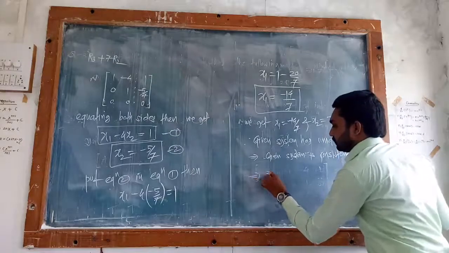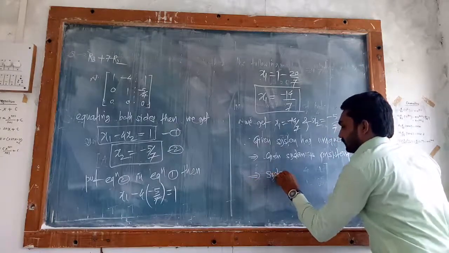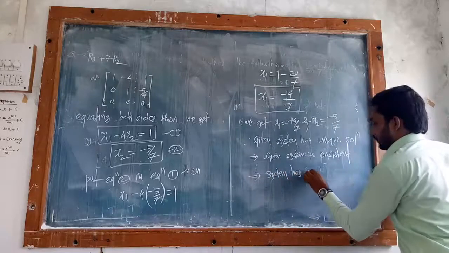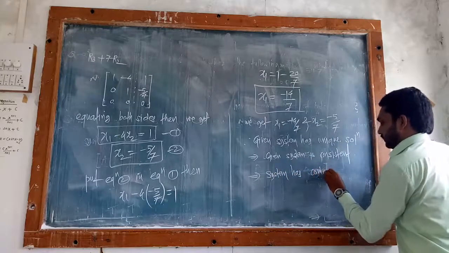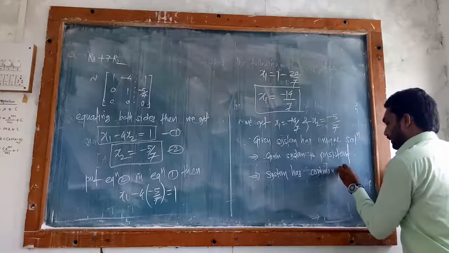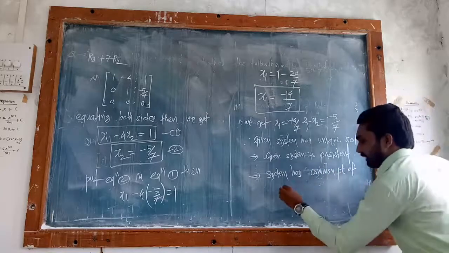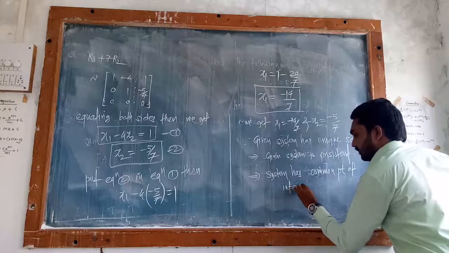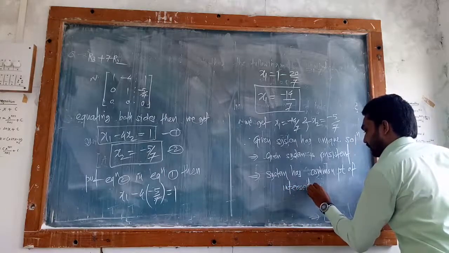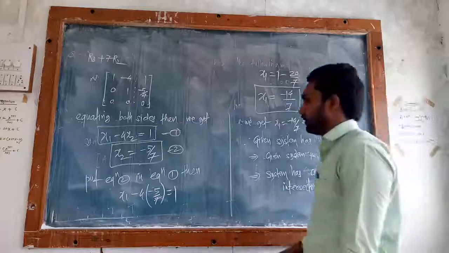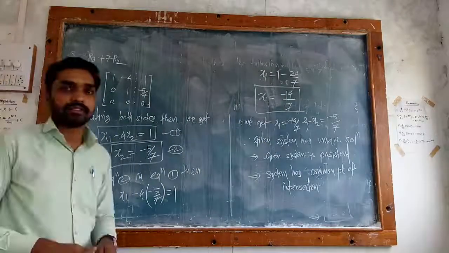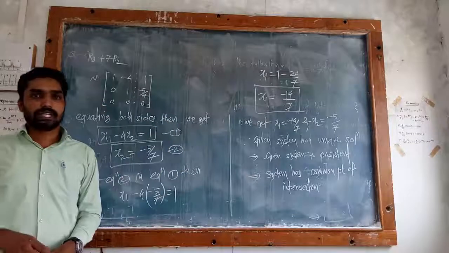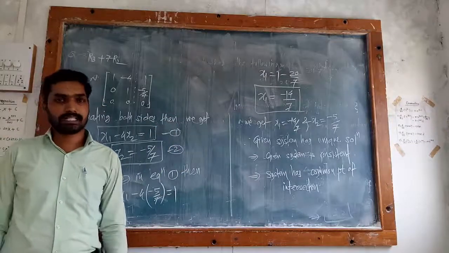Therefore the system has a common point of intersection. Okay, this is your answer. I hope all parts were understood. The remaining part we will study in the next lecture. Thank you.